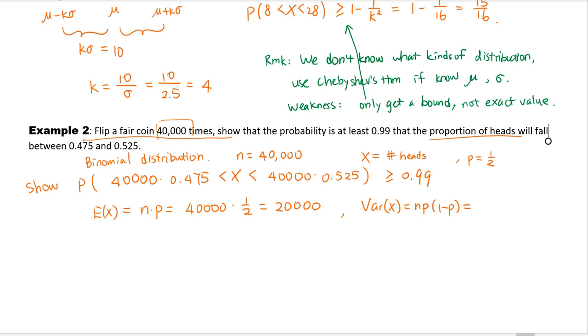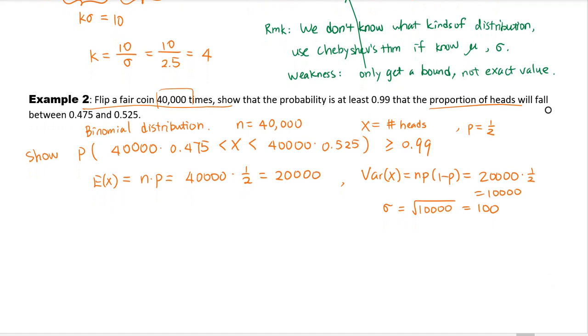We know np is 20,000, and 1 minus 1/2 is still 1/2. So we get 10,000. And sigma, the standard deviation, is the square root of the variance. The square root of 10,000 is 100. Nice number, right?